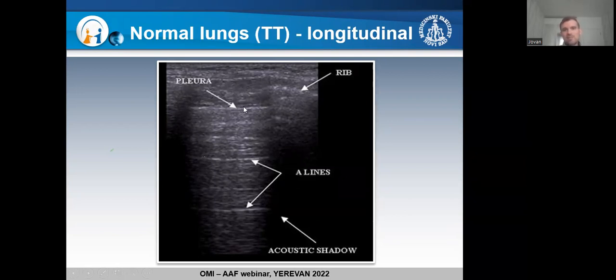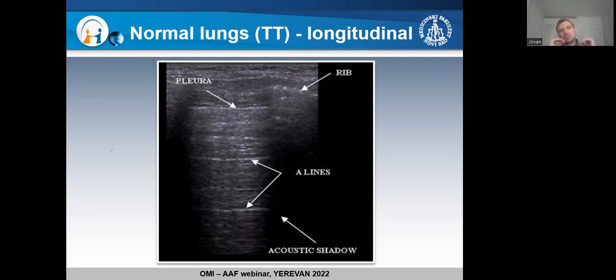And there is this very thin, hyperechogenic, smooth line representing pleura. And below the pleural line, there are A lines, those artifacts that are equally distanced one from another and resembling actually pleural line. So this is when you're using the longitudinal approach.